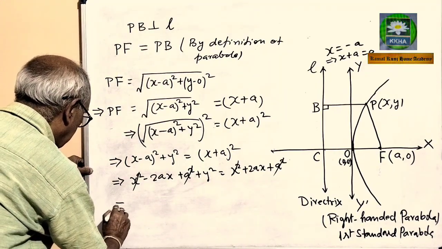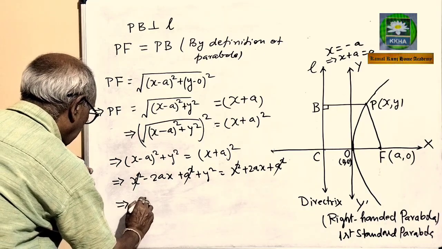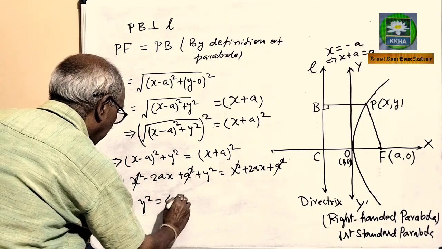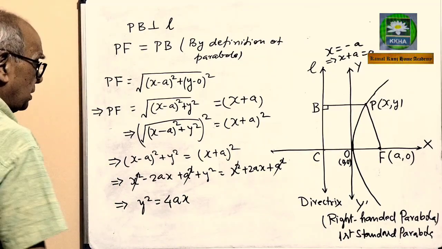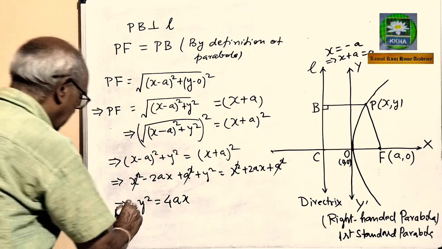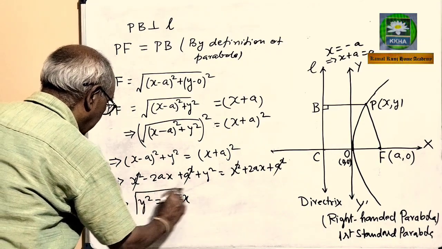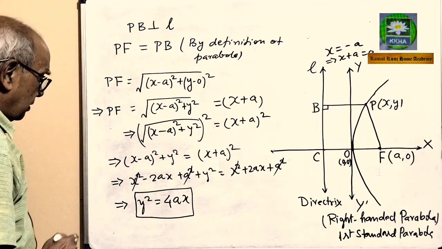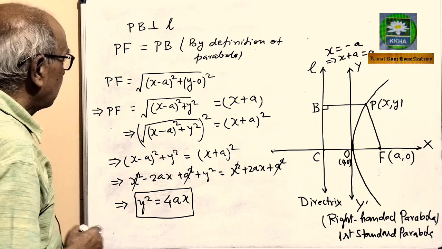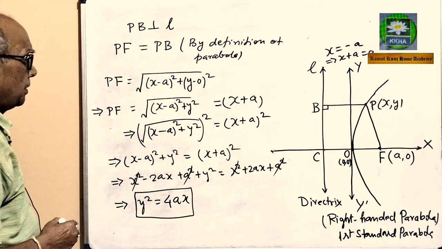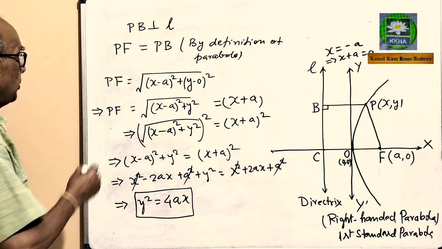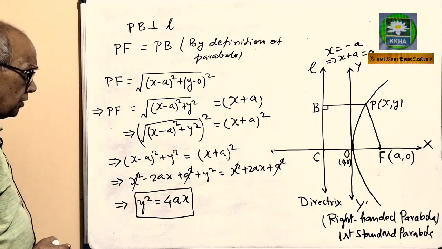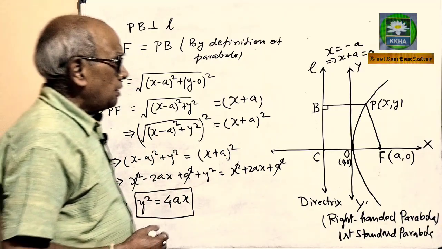This implies that y square is equal to 4ax. So this is the equation of the parabola. Now point P satisfies this equation because P is a point on the parabola.